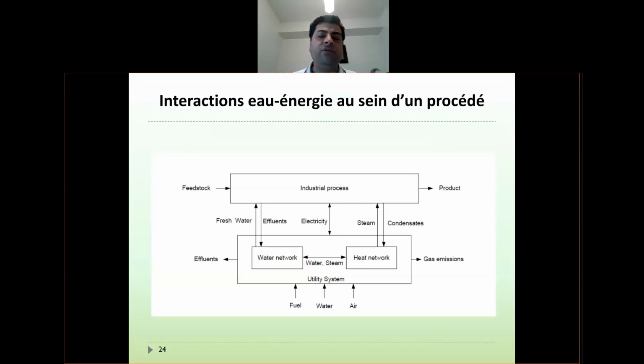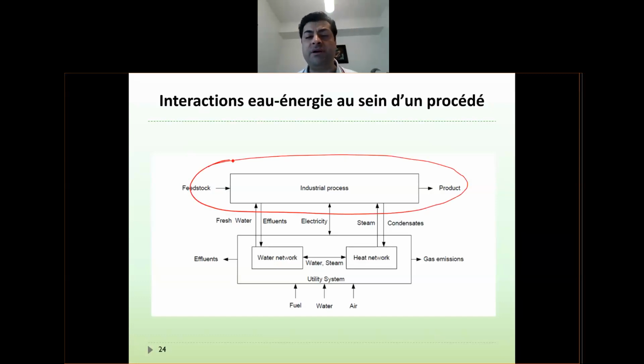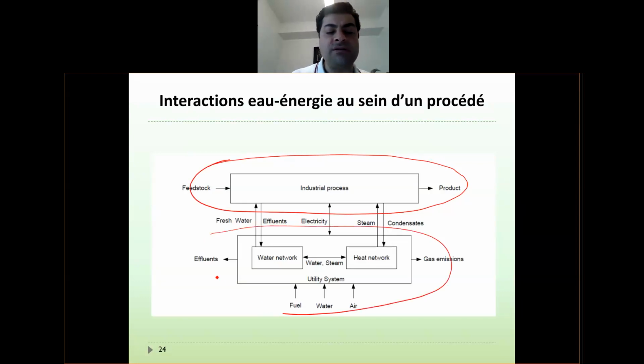If you look at any process, for example, any biorefinery process, you see that besides the main biorefinery process, you have an important utility process, and there is interaction between each unit in the process, specifically in terms of energy and water.